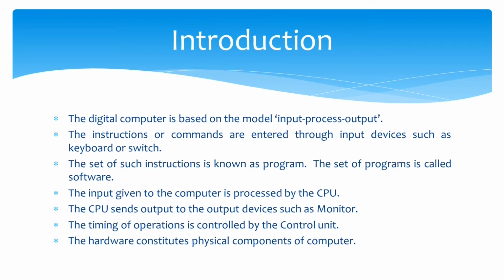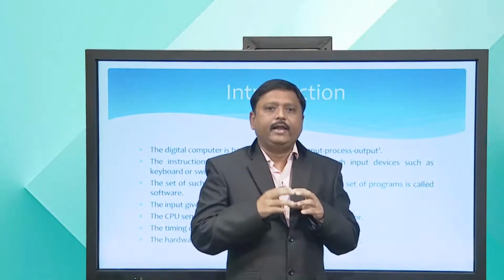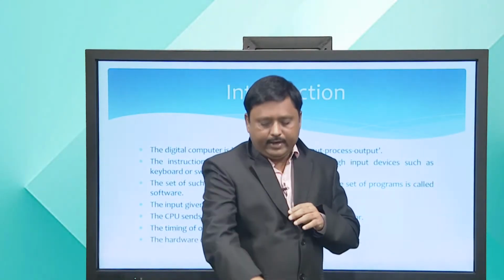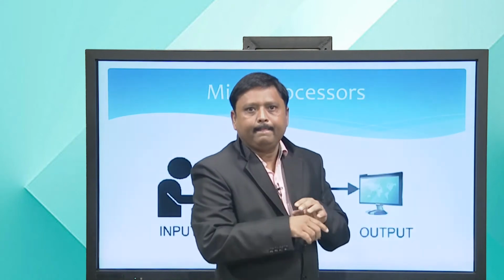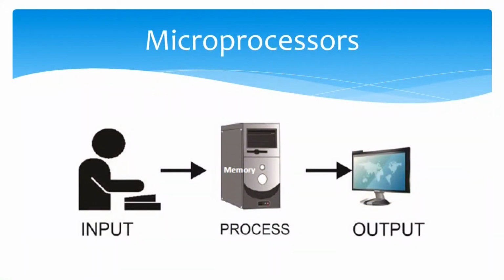The hardware constitutes the physical components of the computer, and the discussion on microprocessor is our important topic. Now, we discussed various components like memory. This is input, process and output.